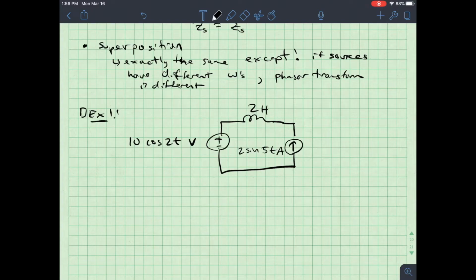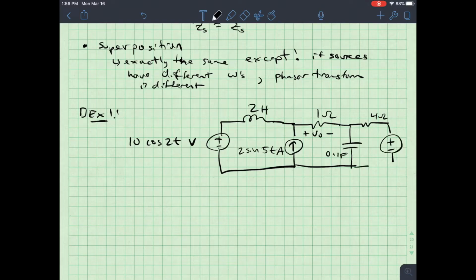On that current source, I've got a resistor, which is 1 ohm, and I'm defining my voltage V0 across there. I've got a capacitor, which is 0.1 farad, and then I've got 4 ohms here with a 5 volt DC source. So this is 5 volts. Omega here is equal to 0. And I want to find V0 of t.